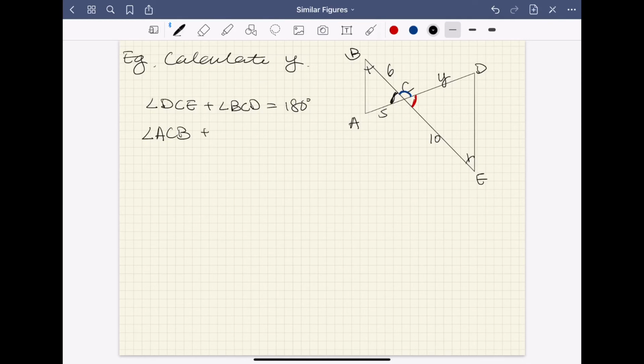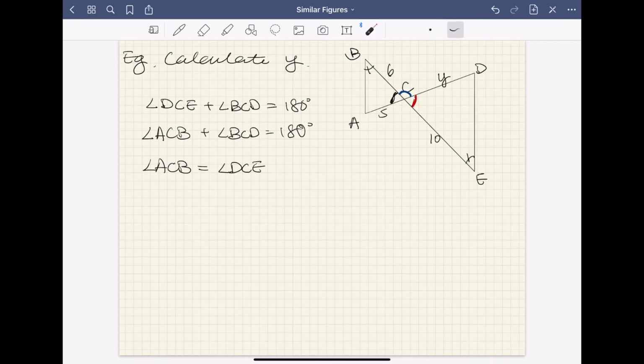Angle ACB plus angle BCD is also equal to 180 degrees. Now, these two angles are the same angle. So if two angles plus the same angle both equal 180 degrees, then for sure these two angles will be the same. So angle ACB is equal to angle DCE.